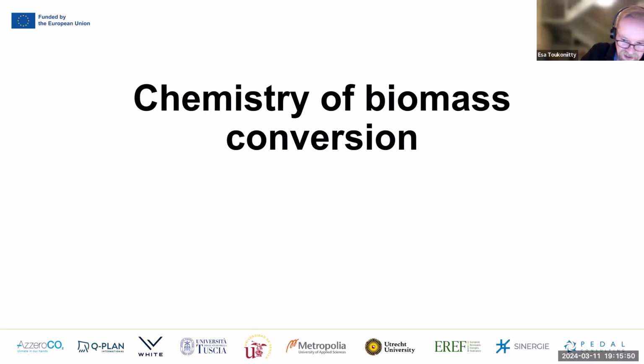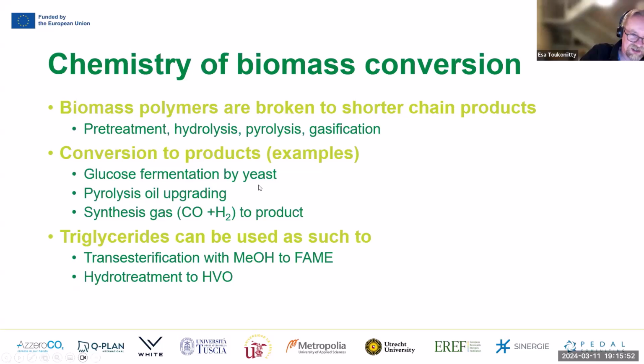We'll see when we study next week. So we start to look at the individual processes. We'll take a look at how this biomass is broken into monomers or smaller pieces. It can be done by different pretreatment methods, or it can be hydrolyzed.